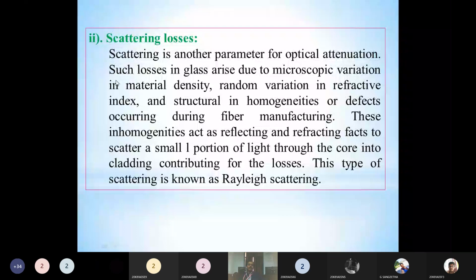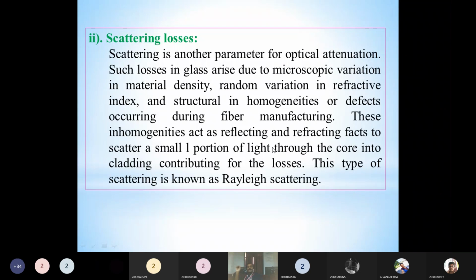Now we will discuss scattering losses. Scattering is another parameter for optical attenuation. Losses in glass arise due to microscopic variation in material density, random variation in refractive index, and structural inhomogeneities or defects that occur during fiber manufacturing.